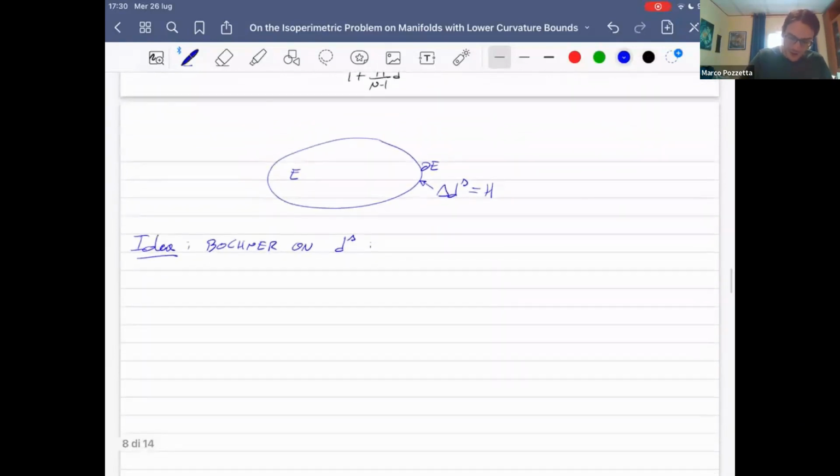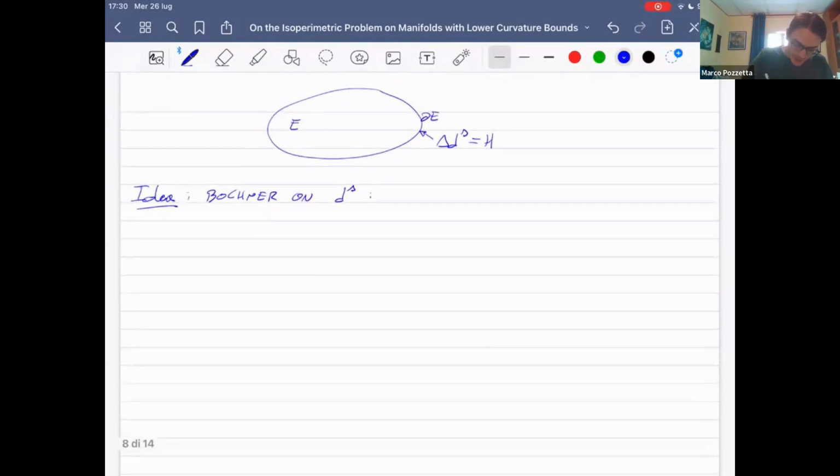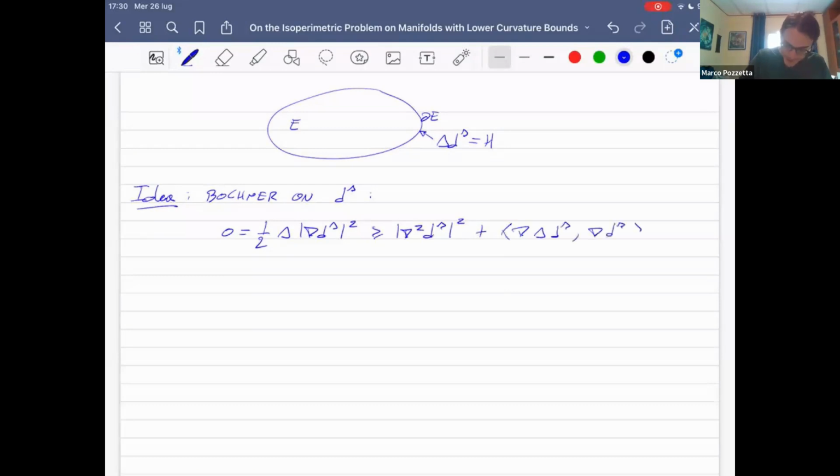What do I get? I would get 1/2 Laplacian of the gradient squared. But the gradient of the distance is 1, right? It is constant. So this is 0. The Laplacian of 1 is 0. On the other side, I had Hessian squared plus scalar product between gradient of the Laplacian and the gradient.